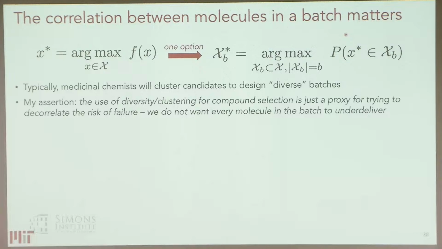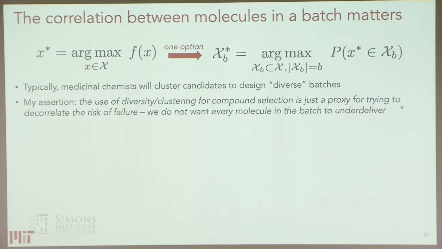And I think really everything that we do in cheminformatics that relates to diversity selection and clustering is really just a proxy, maybe a good one, but still a proxy for decorrelating the risk of failure, right? So that's why we hedge our bets. If there are systematic biases in our computational oracle that we don't know, if we have diverse compounds, hopefully we at least will succeed somewhere.